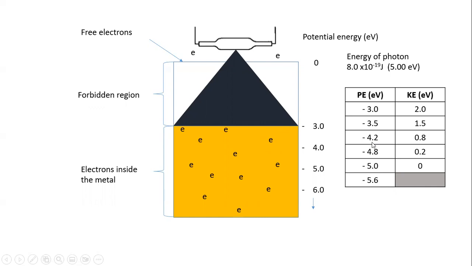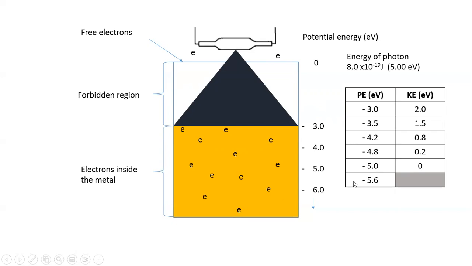Assuming another electron has a potential energy of 4.2 electron volts, if it absorbs this photon, it's going to use 4.2 electron volts to come out, with a balance of 0.8 electron volts. Even this electron can come out because it can use all the energy that it absorbed to come out, but it comes out with 0 electron volts.